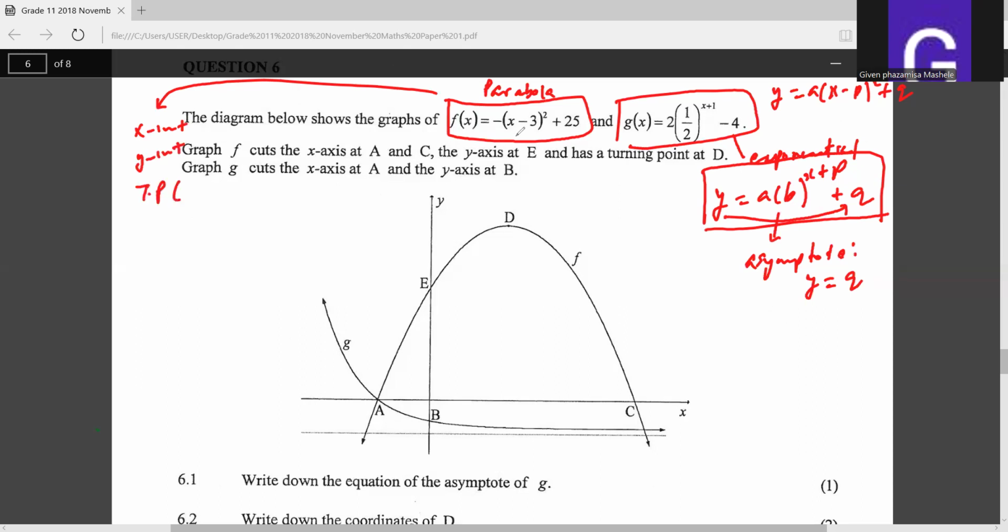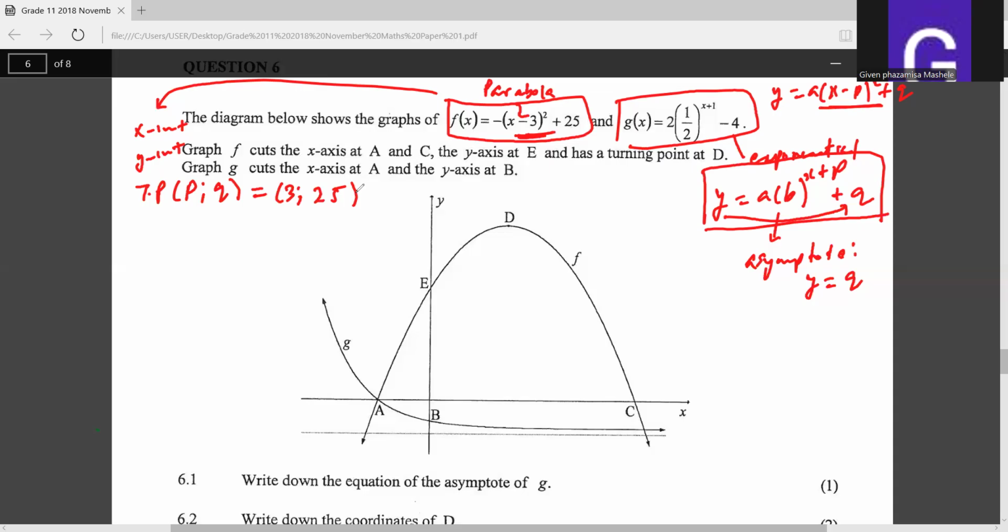But already when it's written in this form, the turning point is the p and the q. So which means here the turning point will be, we change the sign for x, 3 and 25.